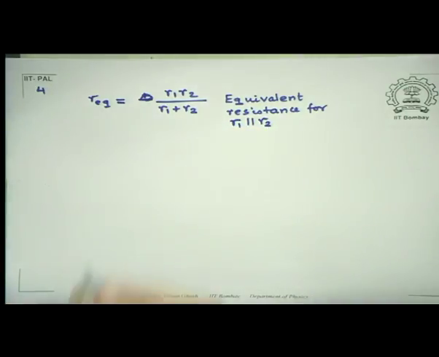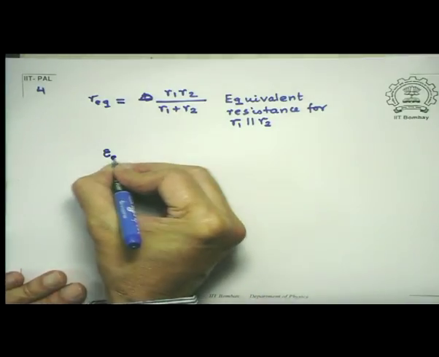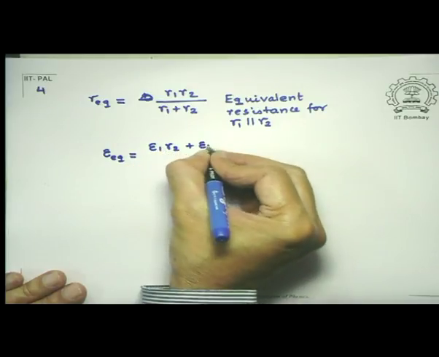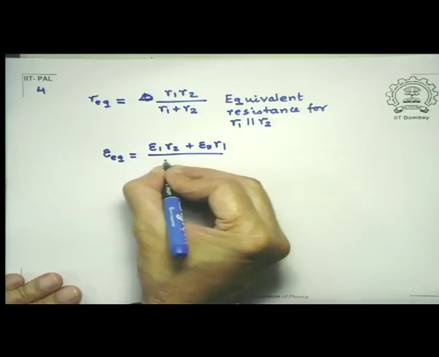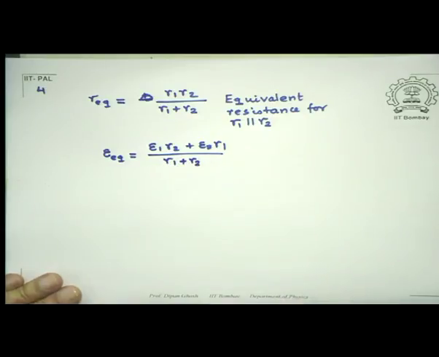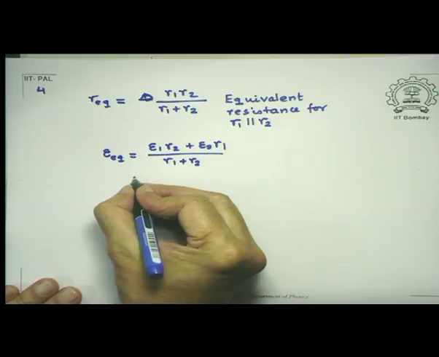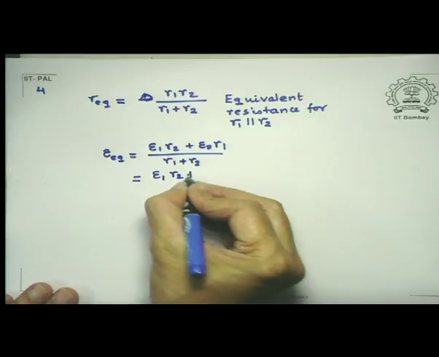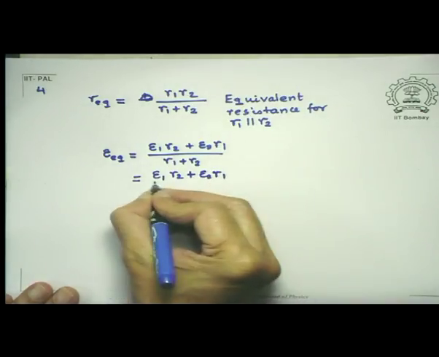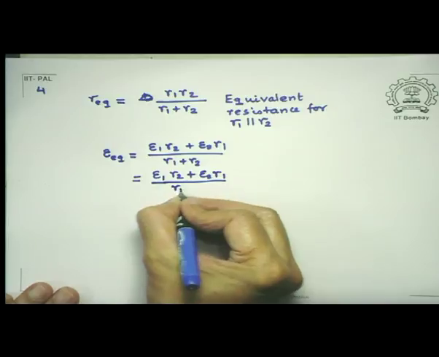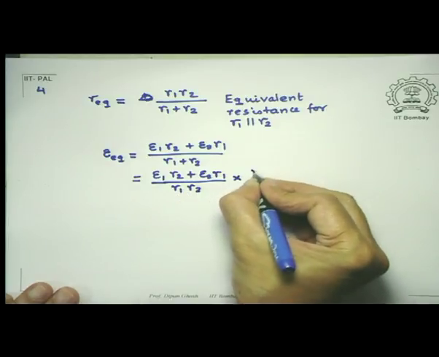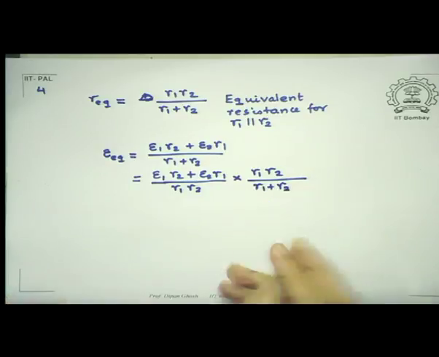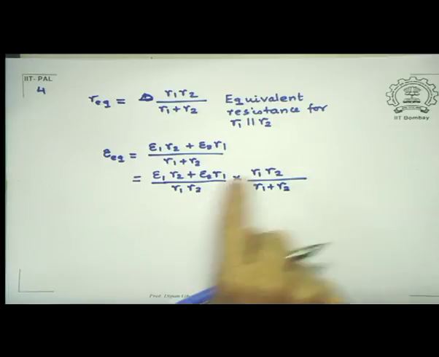Okay, let us look at the expression for EEQ a little more carefully. Now this is E1 R2 plus E2 R1 divided by R1 plus R2. Let us do something. Supposing I write it like this, E1 R2 plus E2 R1 divided by R1 R2 and write it as R1 R2 divided by R1 plus R2. This is the same expression. I have simply put in the denominator R1 R2 there and R1 R2 there.